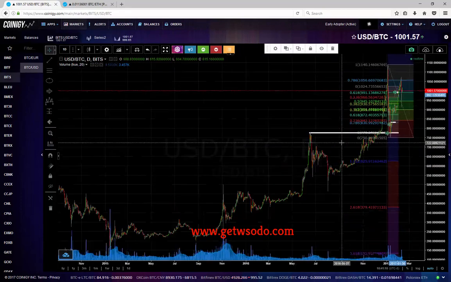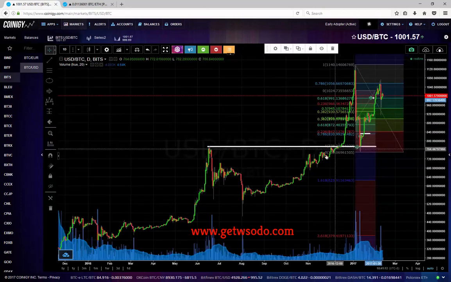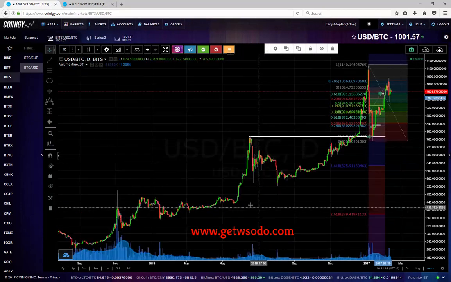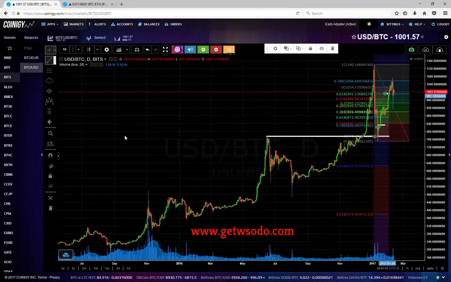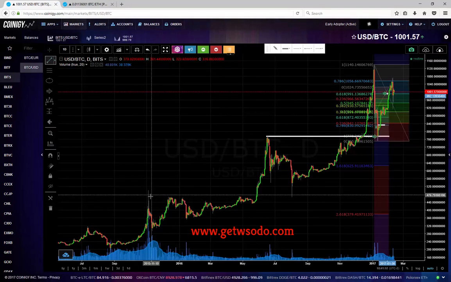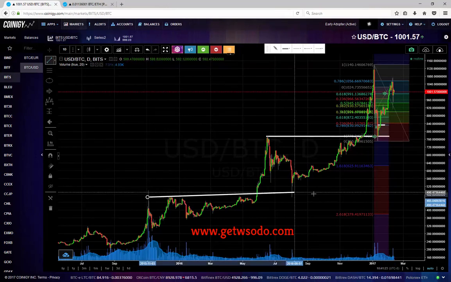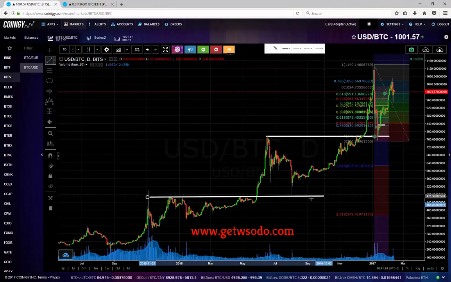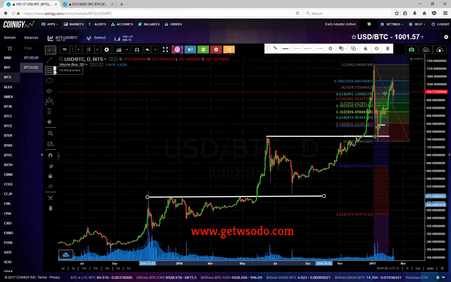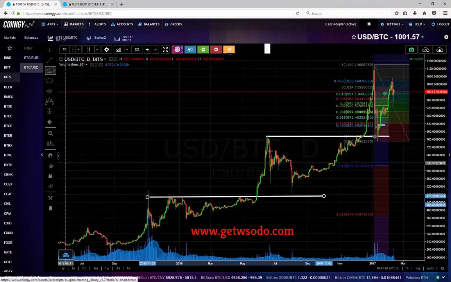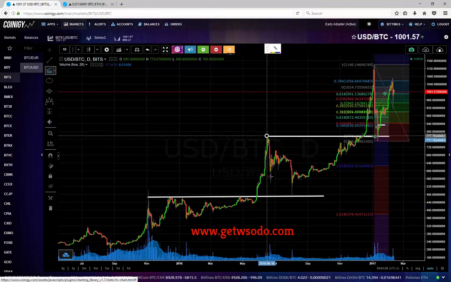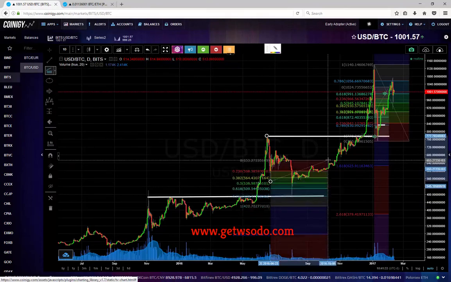Right. Another example of good bounce plays was, I bought the dip over here as well. Same type of scenario. Prior resistance turns support. And just use the fib extensions, starting from the top down to the bottom minus the retrace.